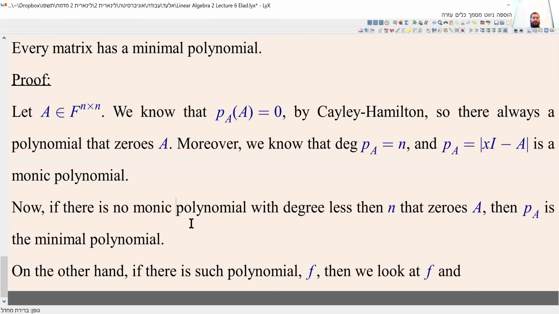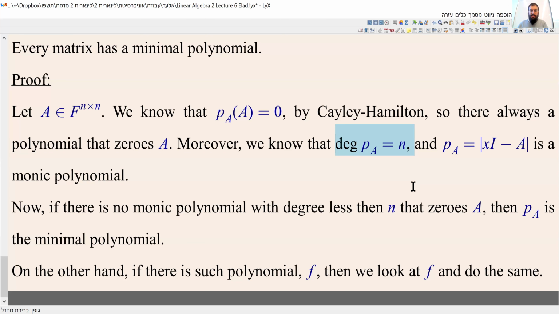And if there is a monic polynomial that zeros A with a degree less than the degree of f, let's look at this polynomial, and so on and so on. So we look at f and do the same. Because n is a finite number, somewhere along the way, we will stop. Okay, there is no such monic polynomial that zeros A with a degree less than our degree.